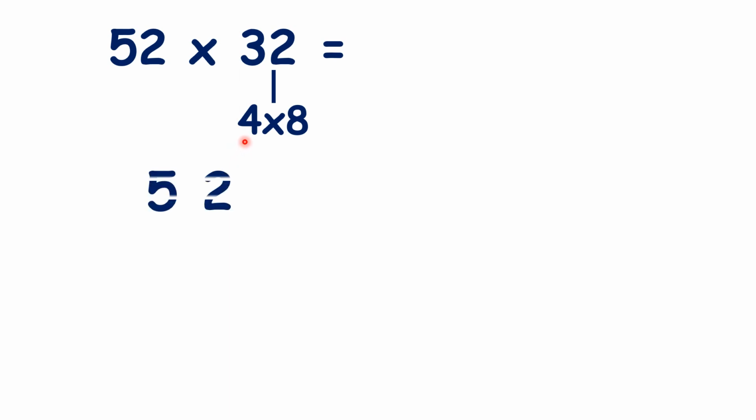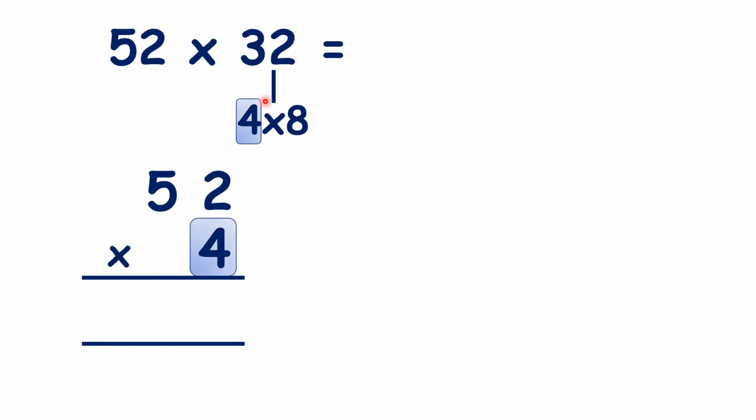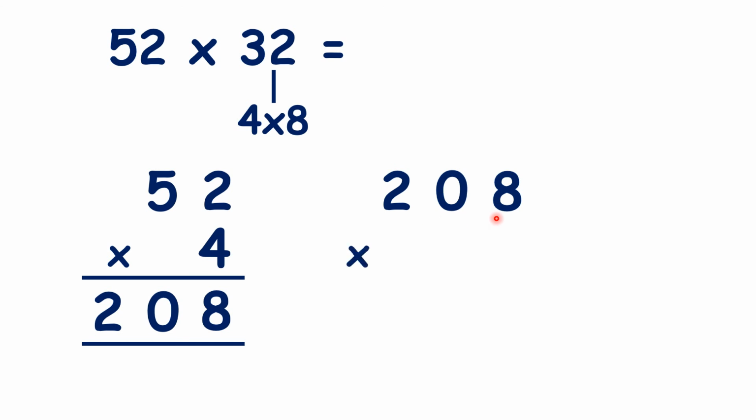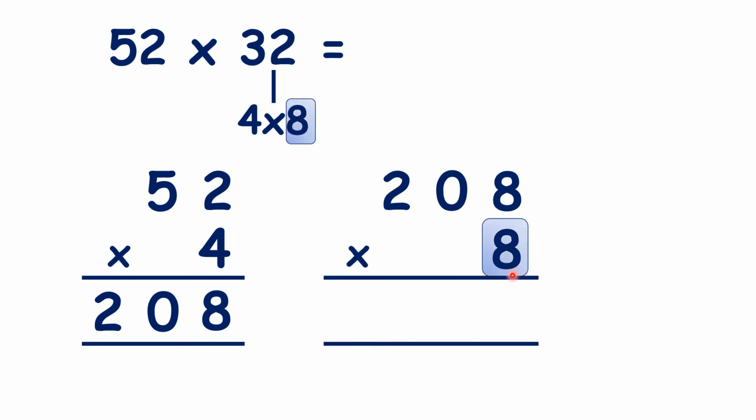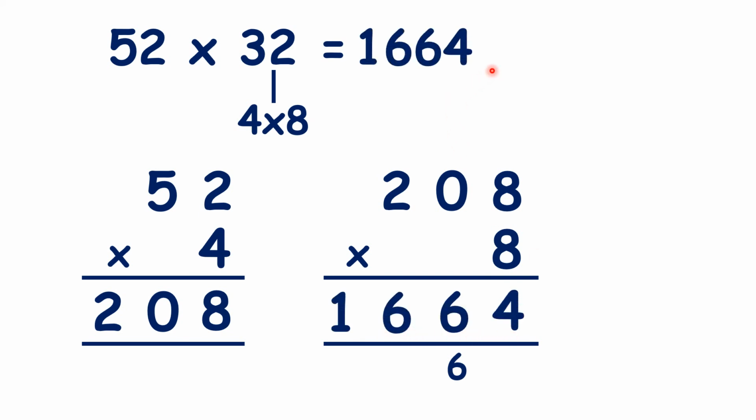So let's first multiply 52 by 4, the first factor. That gives us 208. Then we can multiply 208 by 8, the second factor, to get our answer, 1664.